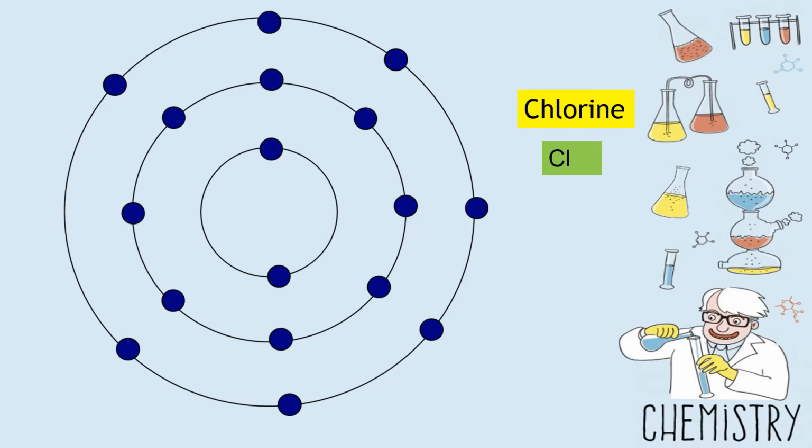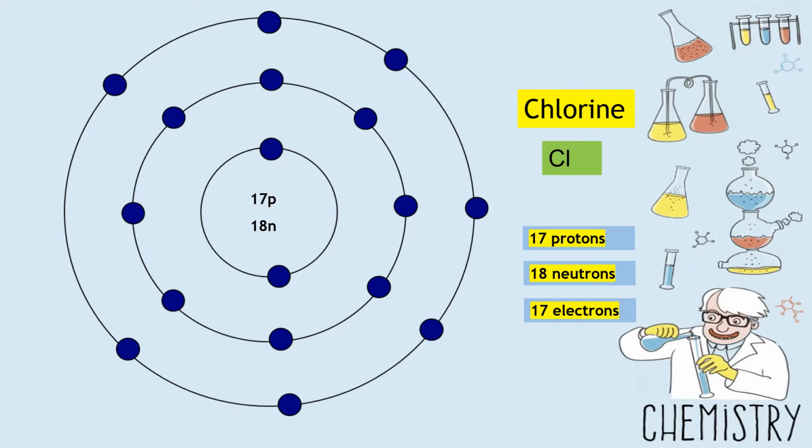Now, for the other atom, chlorine, which is to be bonded by sodium, it has 17 protons, 18 neutrons and 17 electrons.